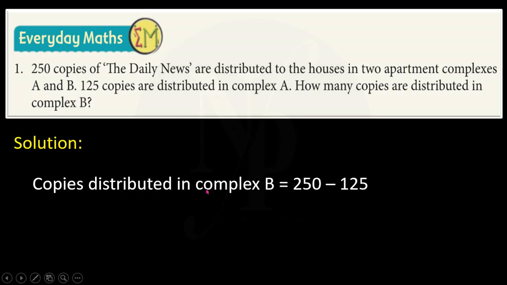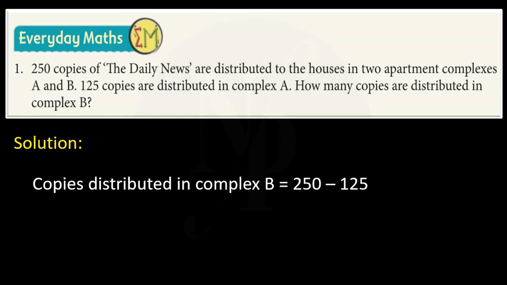Copies distributed in complex B is equal to 250 minus 125. What is 250? 250 is the total number of copies of the newspapers distributed in the complexes A and B both. And what is 125? 125 is the number of copies of the newspaper distributed in complex A alone.